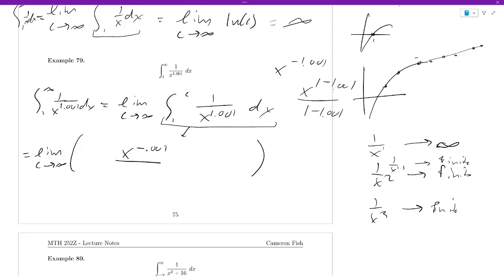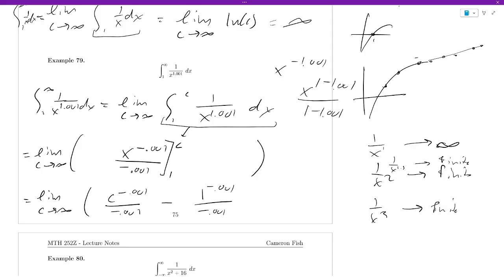And that's my new exponent as well, negative 0.001. That's the antiderivative, but I still have to plug in c and 1, right? So let's see this limit. Plug in the c, so I'm going to get c to the negative 0.001 over negative 0.001, minus 1 to the negative 0.001 over negative 0.001. So it's all copying, but it's something we can do.